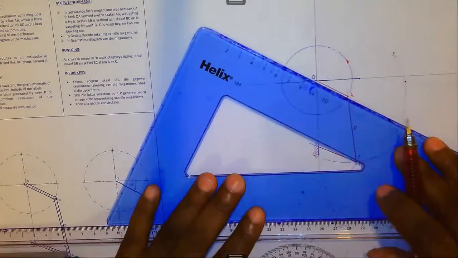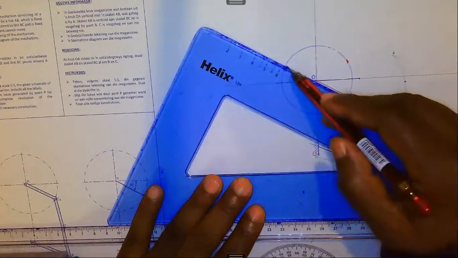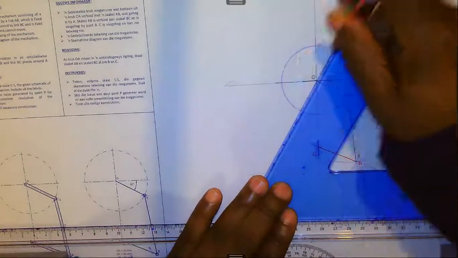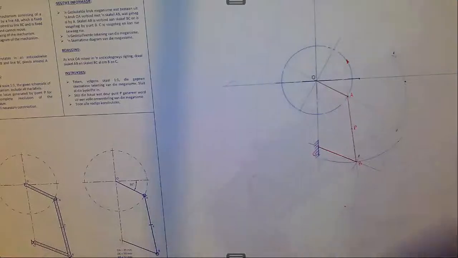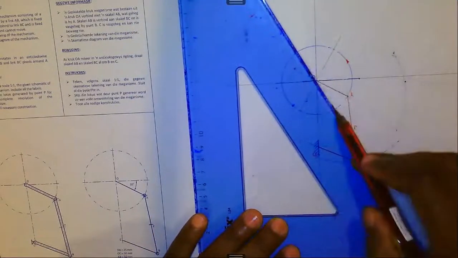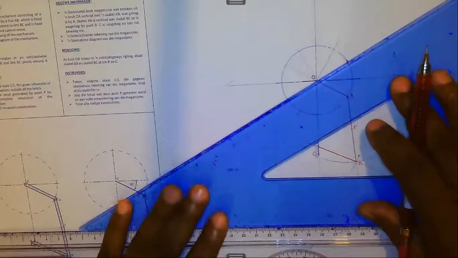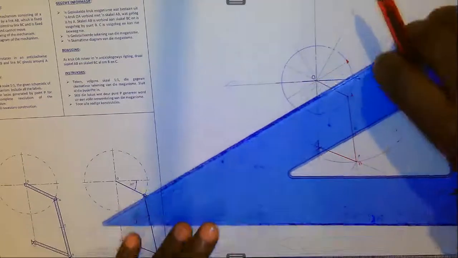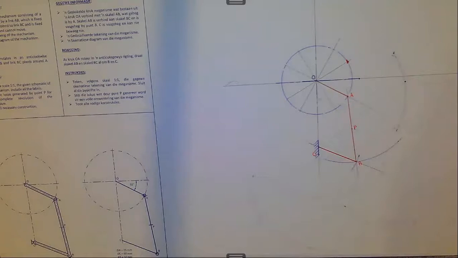Right. Let's complete this by dividing the circle into 12 equal parts. Remember, in EGD, speed is critical. So there are three things which are critical, right? That's your speed, that's your neatness, and that's your accuracy.